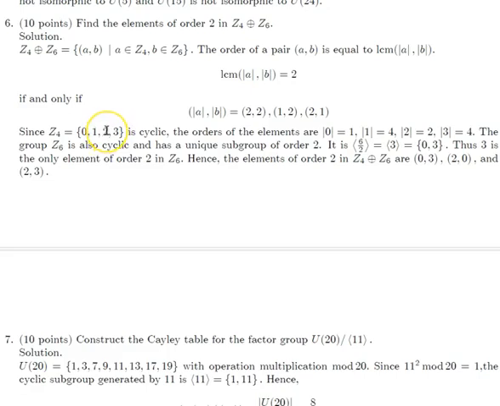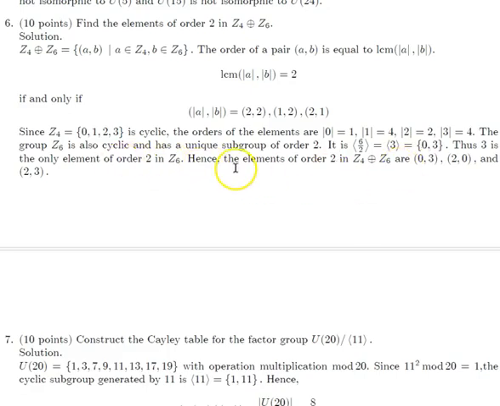So 2 has order 2, because 2 times 2 is 0, and 0 has order 1 in the first group. In the second group, the unique subgroup of order 2 is generated by 6 divided by 2, which is 3. So 3 has order 2, and 0 has order 1.